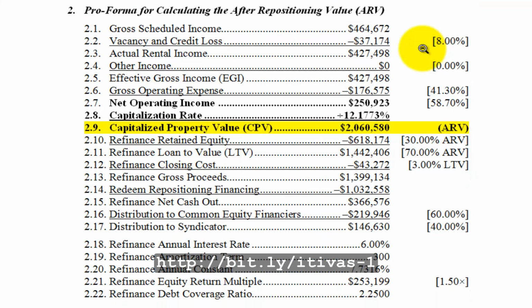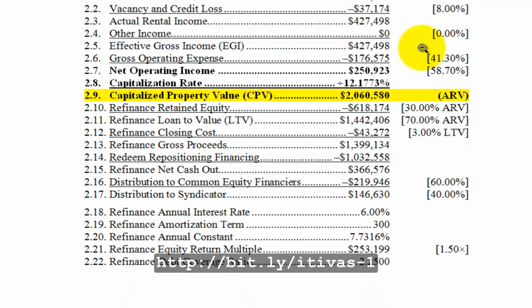We then calculate the after repositioning value. This is according to the anticipated refinance parameters: 6% annual interest rate, amortization term 300 payments, that's 25 years. We see that on the refinance the equity return multiple is 1.50.